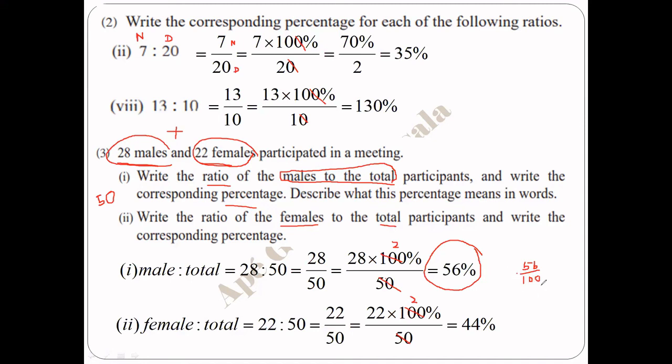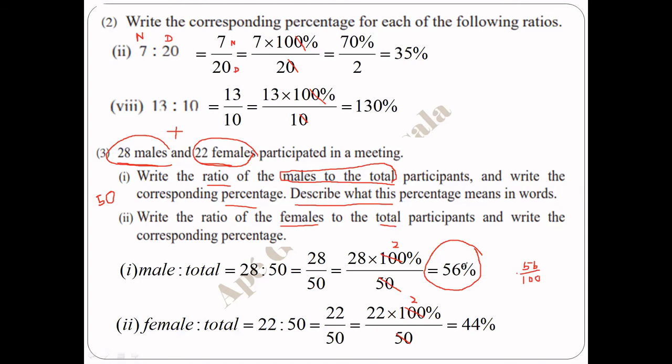1 over 100 is 1%. So 56% means 56 over 100. So the meaning of 56% is, if there are 100 students in the class, 56 students are males. You have to describe the answer. Your answer is 56%.